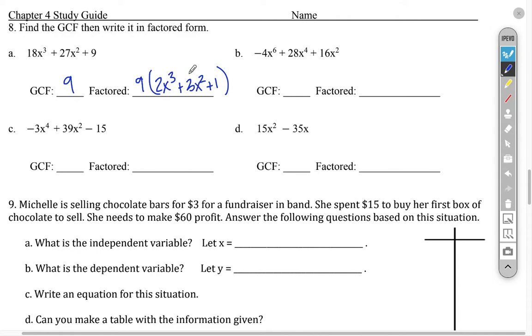Okay, now we've got negative 4x to the 6th power plus 28x to the 4th power plus 16x squared. So let's start with the 4. Can 4 go into these? Yes, and remember it can't be any bigger than this.